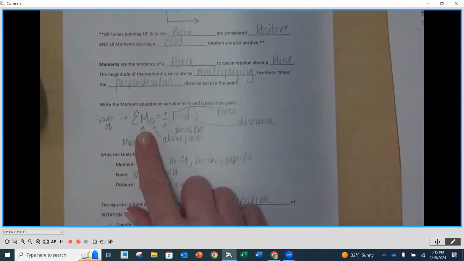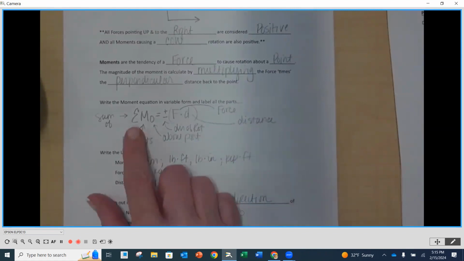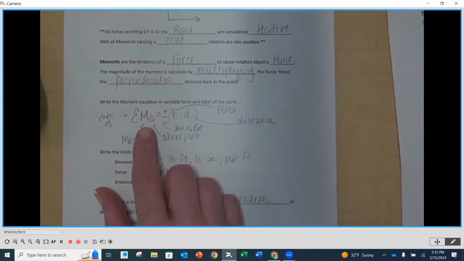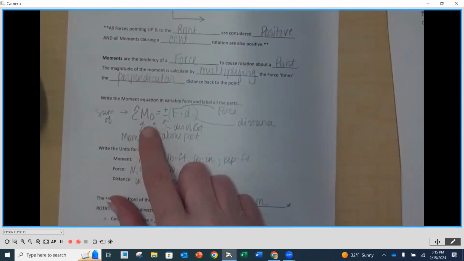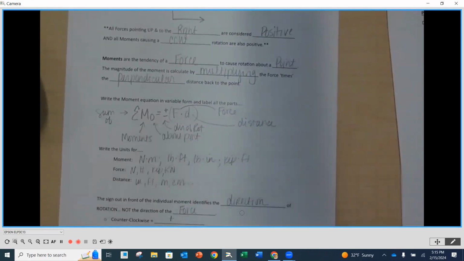Now, it says write the moment equation. The moment equation is going to be: we sum, and we use that capital sigma to signify that we're going to be summing something. We sum capital M, the moments, and then the subscript. I have a 0 right now, but it can be moments around point A, point B, point C, but we always want to identify what we're summing around. So sum the moments around point, and so on, equal to, and notice out front of this parentheses I have a plus or a minus.